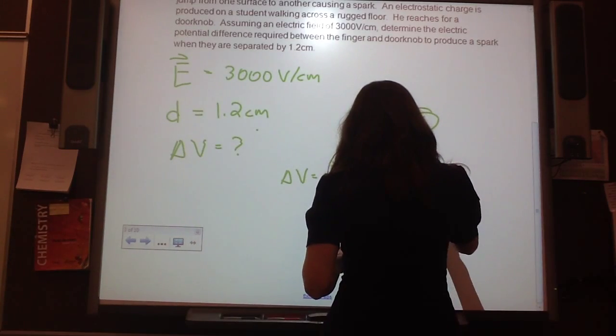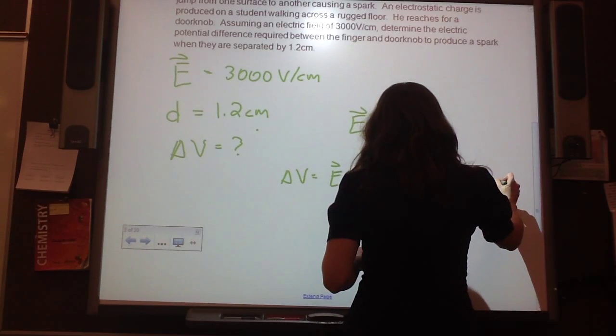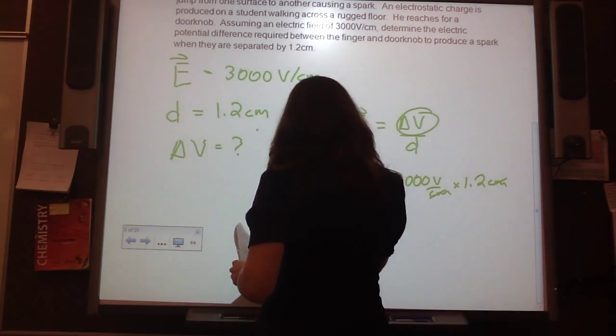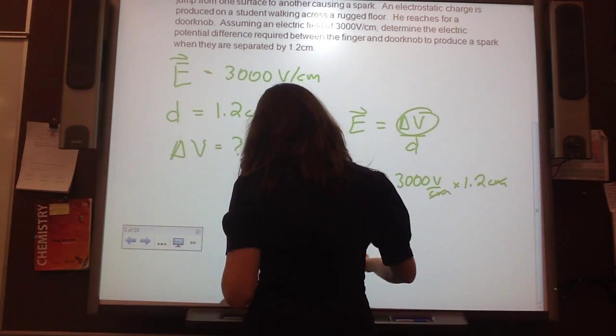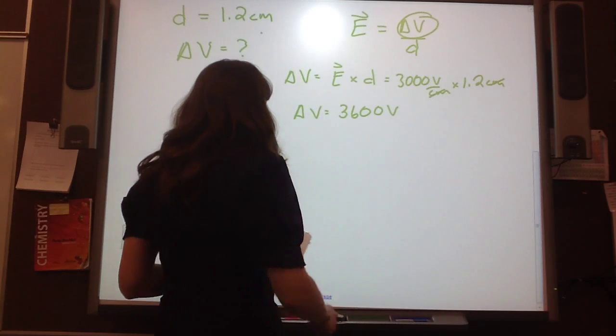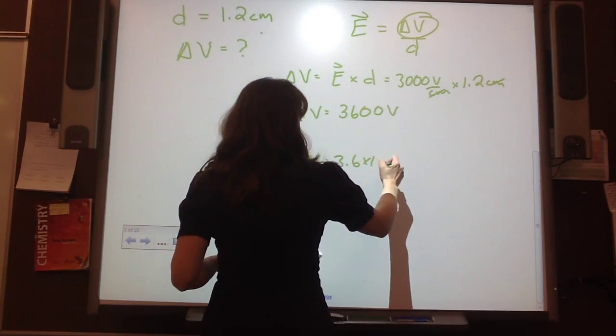So we'll have 3,000 volts per centimeter times 1.2 centimeters, so we end up with 3,600 volts. In sig digs, 3.6 times 10 to the 3.